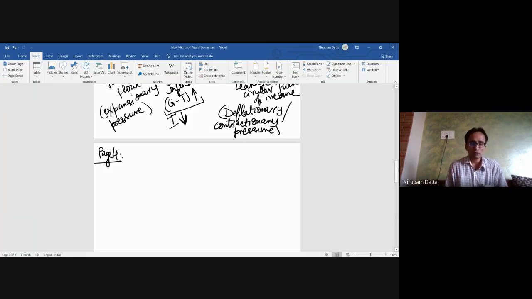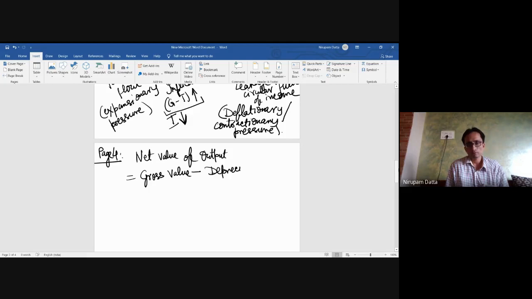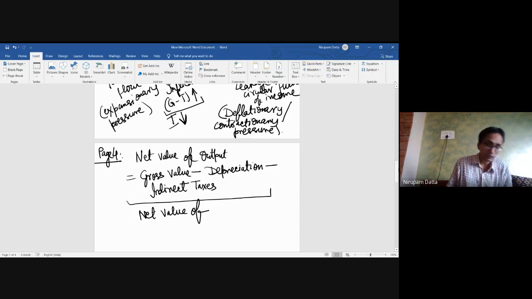So what is the net value of output? Net value of output is gross value minus depreciation minus indirect taxes. Now, what is the net value of income?